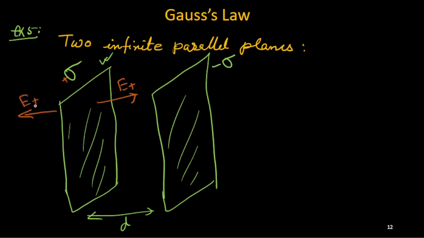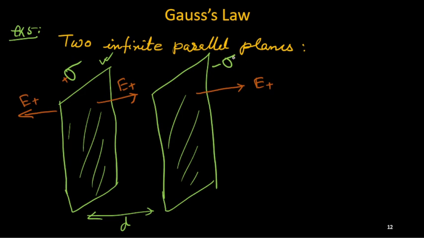Remember that this electric field is independent of position. If it is close to the surface or far away, it doesn't matter. So at this point it is also E plus. Beyond this plate, no problem at all, because we have one plate: on the right side it is E plus outward, on the left side also outward, and everywhere we get the same electric field.